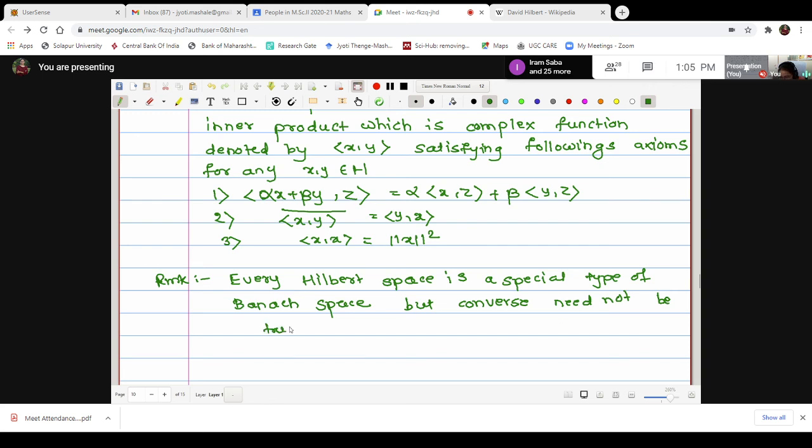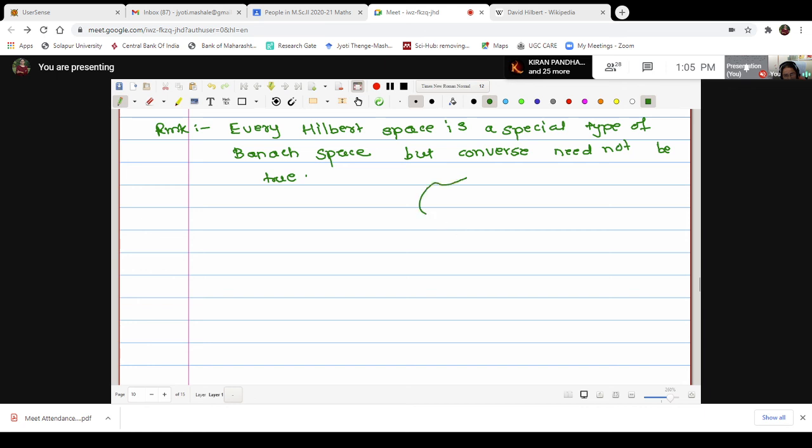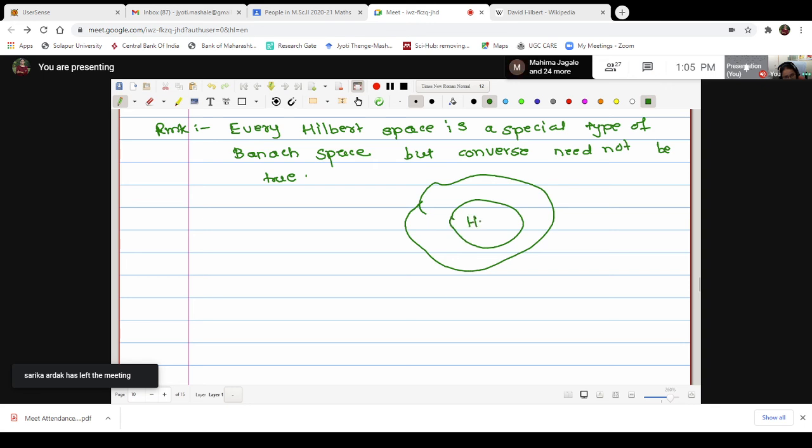If I want to show this with a Venn diagram, this is the Hilbert spaces, and this is the Banach spaces. The Banach space category is bigger than the Hilbert space category, because every Hilbert space is Banach, but a Banach space need not always be Hilbert.